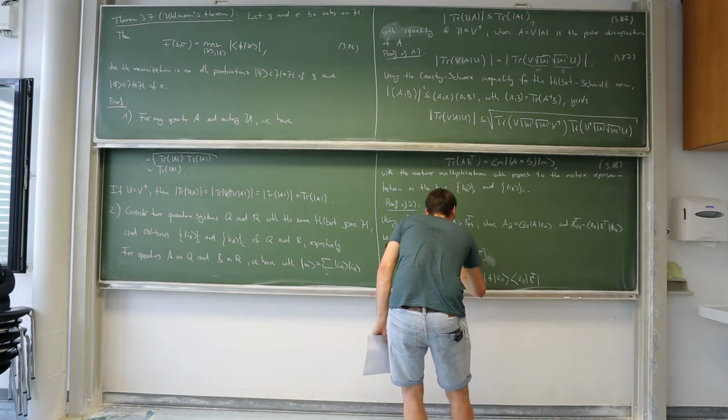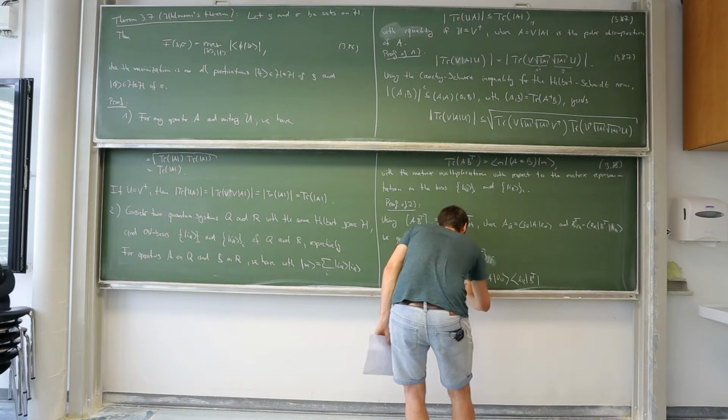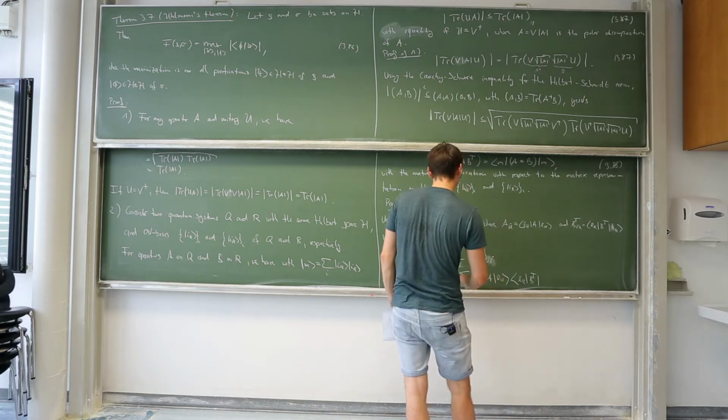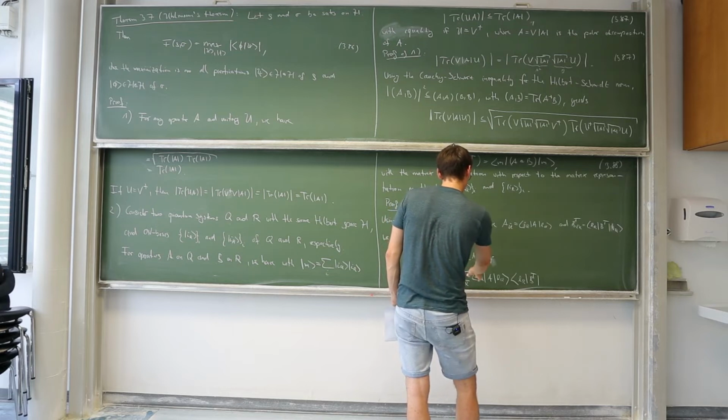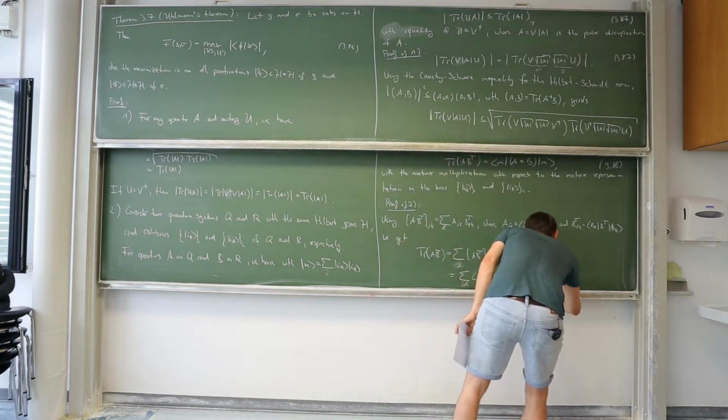Let's state that this is J. So we have the sum over J and L. Sorry, I just mixed up the indices.